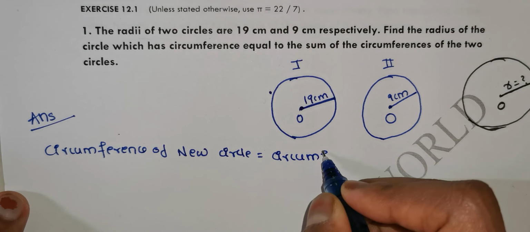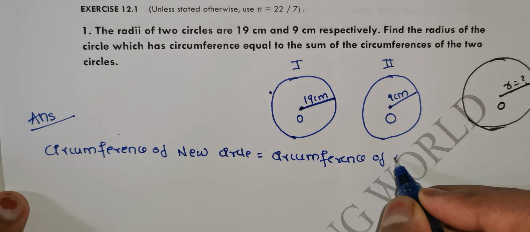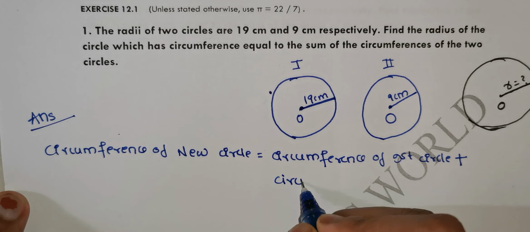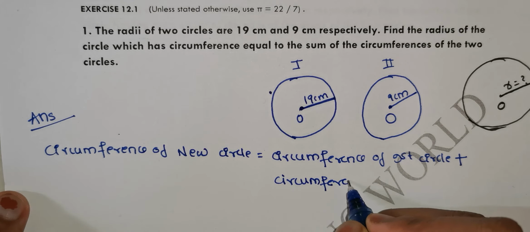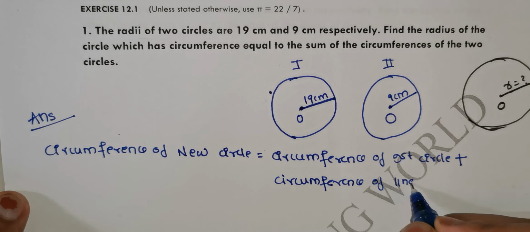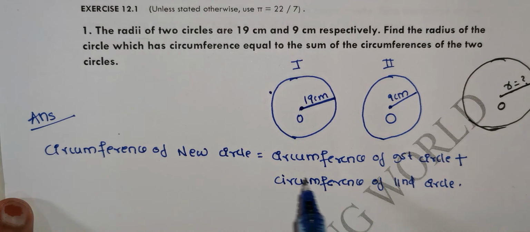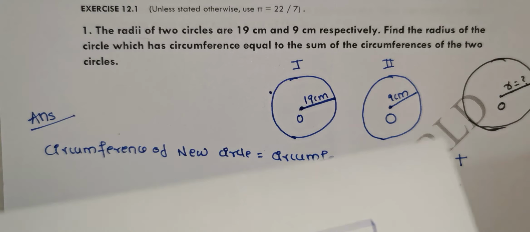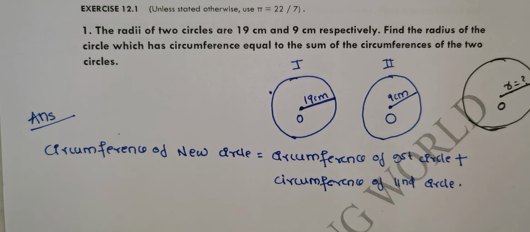Next, what is given? We can find the circumference of the first circle. We know the equation. What is the equation of circumference of a circle? We have already discussed that the circumference or perimeter of the circle is 2 pi r. So we can substitute the value of r there.